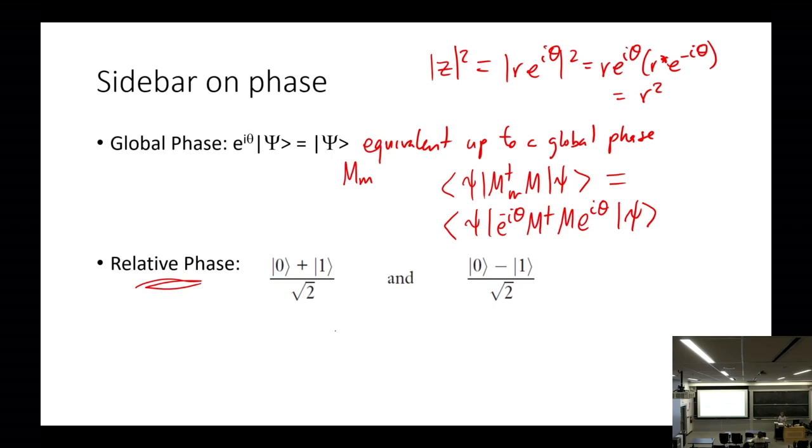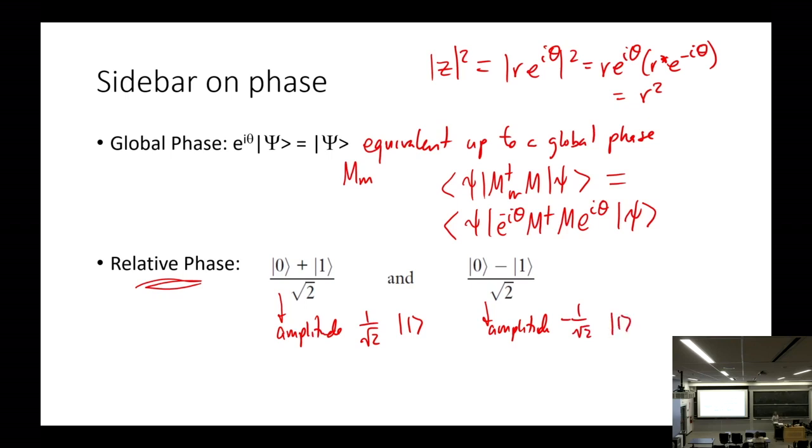This first state has an amplitude of 1 over square root of 2 for |1>, and the second state has an amplitude of minus 1 over square root of 2 for the state |1>.